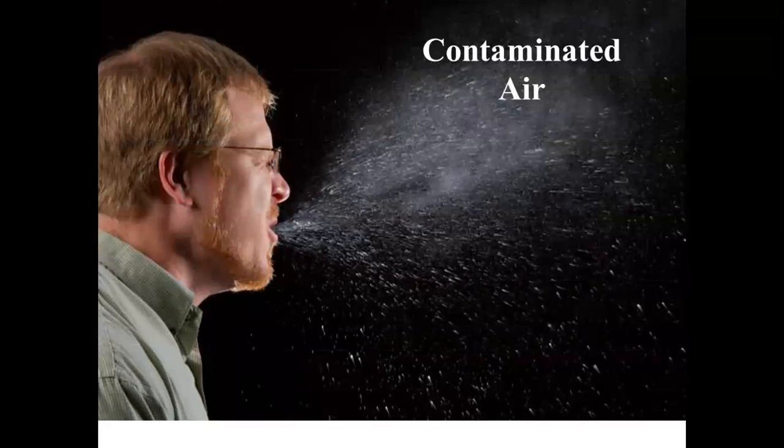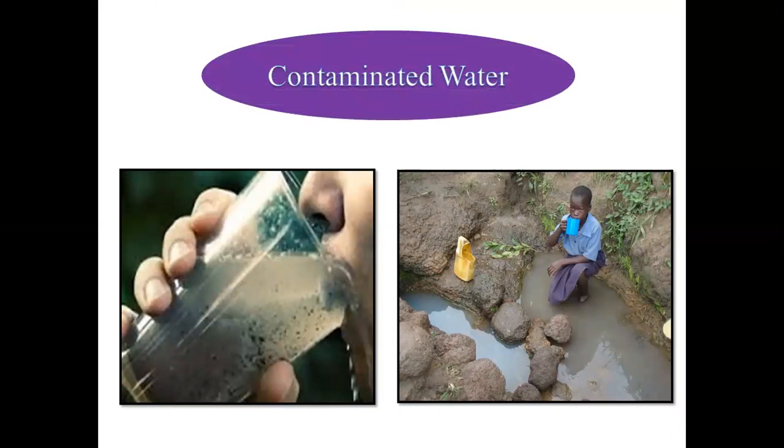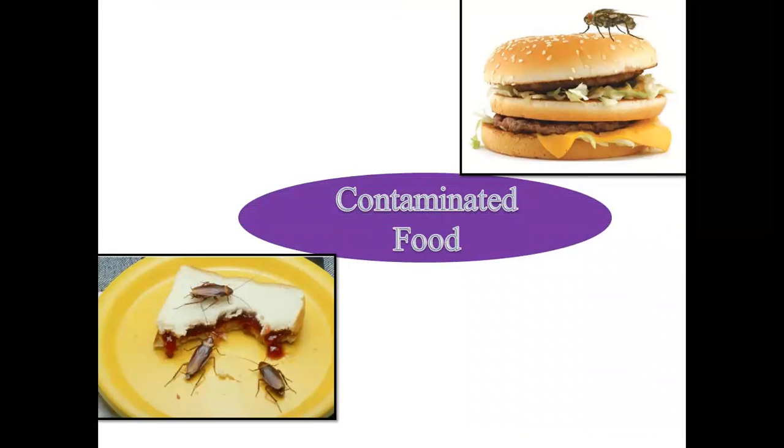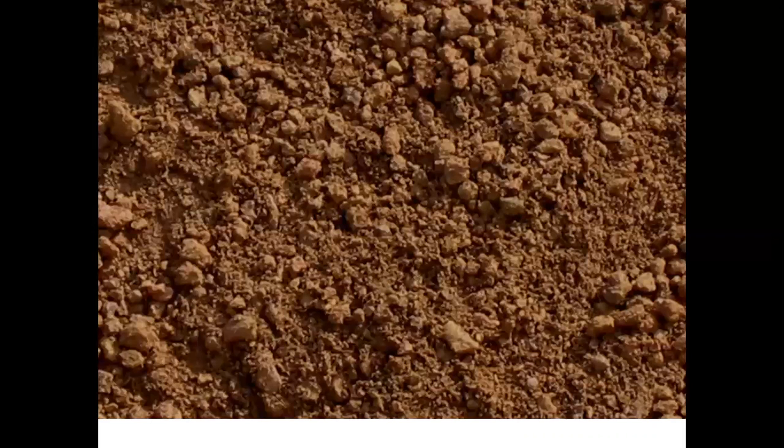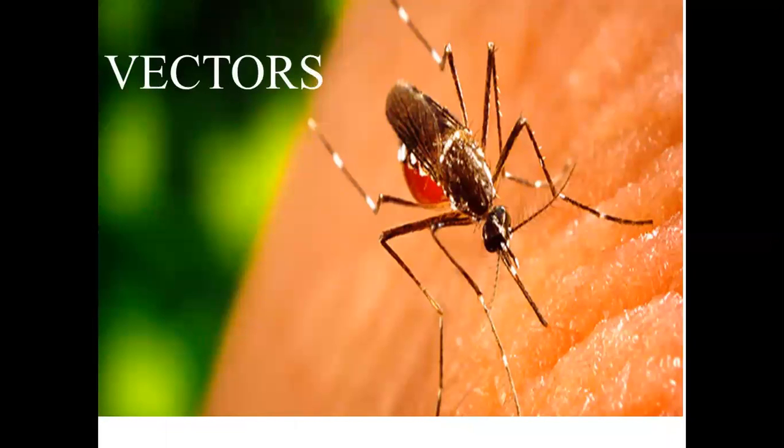Again, contaminated air is responsible for airborne diseases. Contaminated water causes different kinds of diseases here, right? Contaminated food is also responsible for some diseases. Contaminated soil. Here the vectors carry the pathogens. Okay, they do not suffer, but they carry the pathogens.